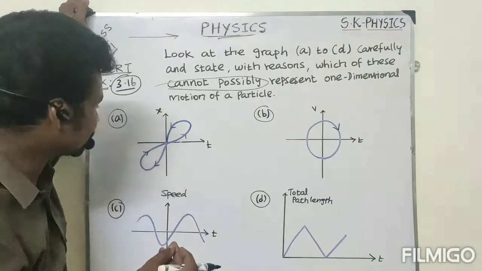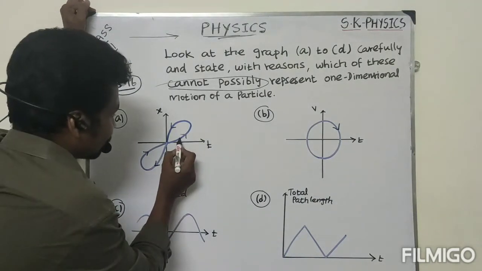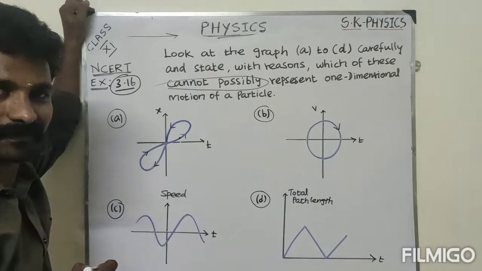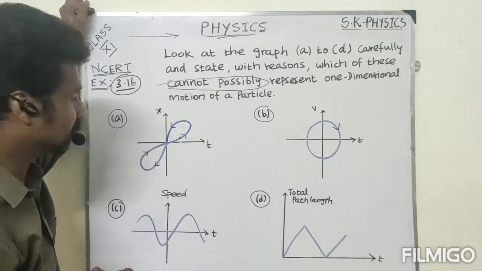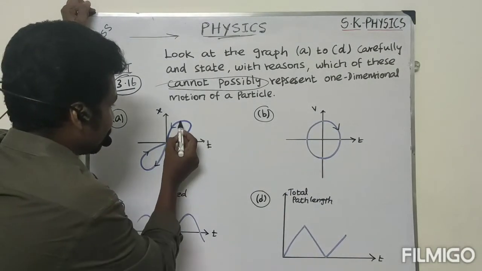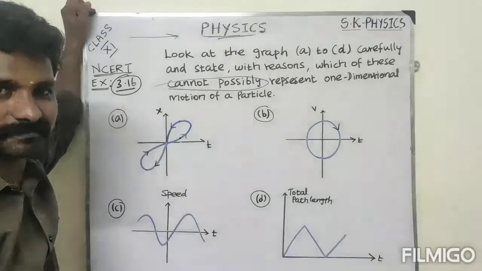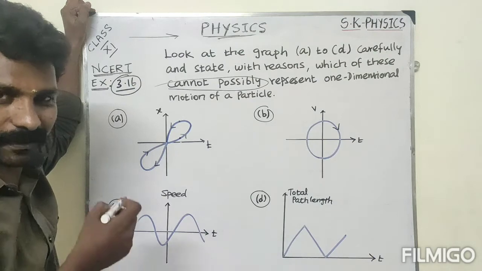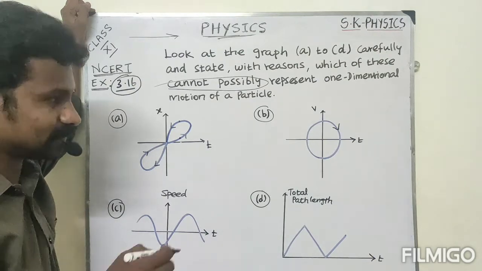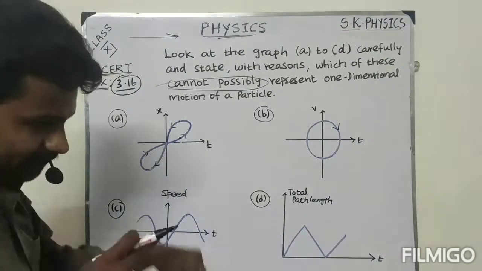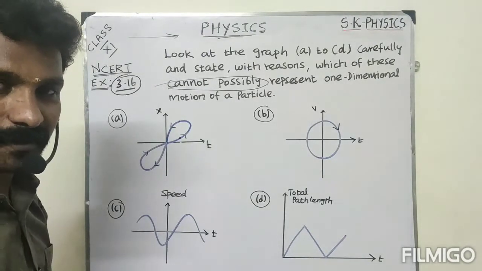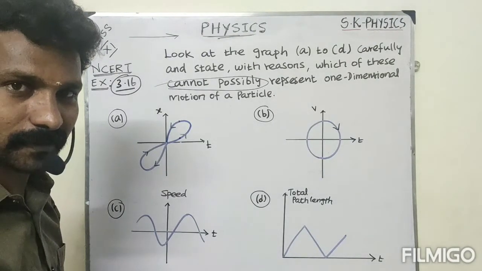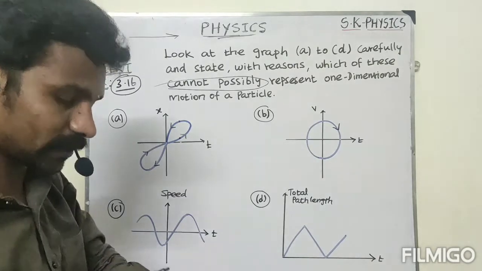Let us imagine, students, this is one particle, and at the same time the particle is here also. Is this possible? Let us imagine one bus. Now you are watching the time, 5 o'clock.